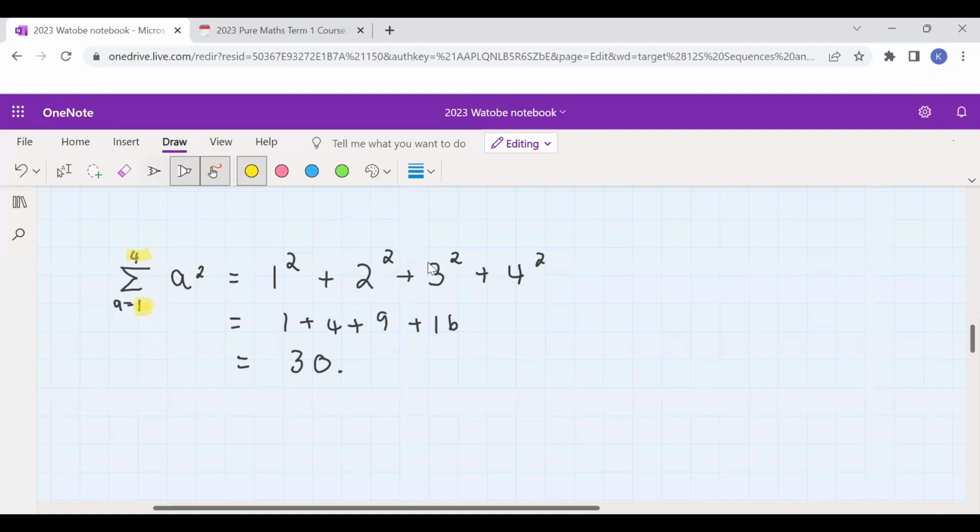So we went from A is 1, 2, 3, 4, added them, got 30. Ma'am, this is what we're going to do with the other sum from 1 to 100. No, I was just first, for people who've never seen this, showing them, okay? We're definitely not going to write until 100, trust me.